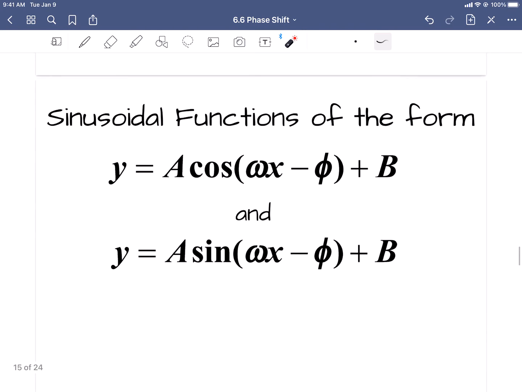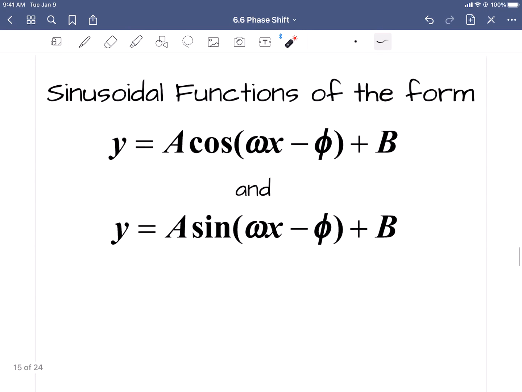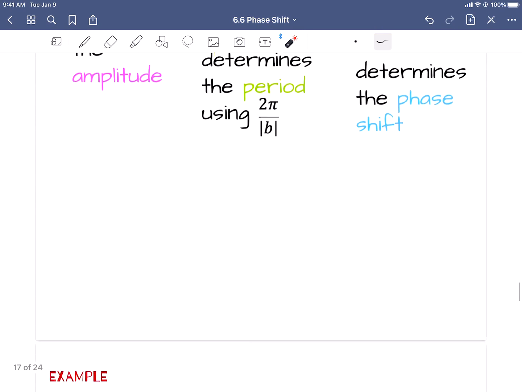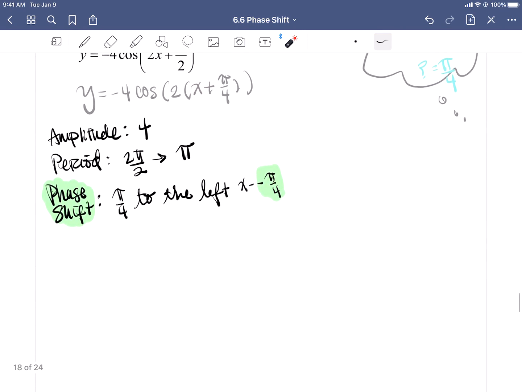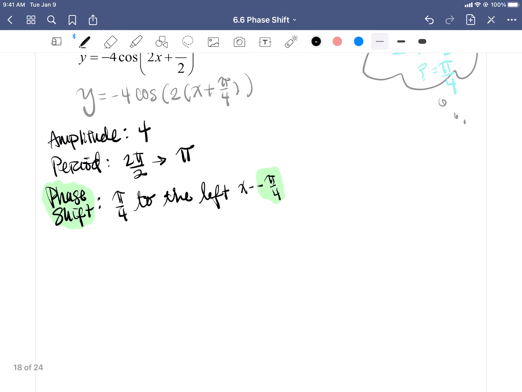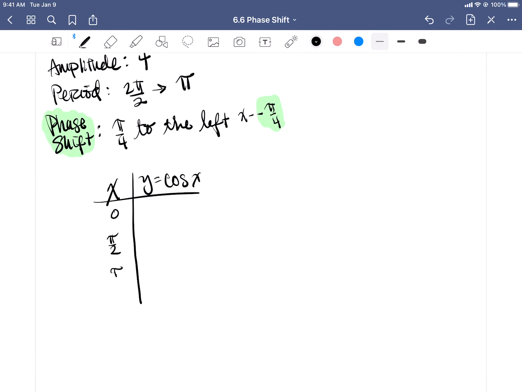And even in this ugly form, have the omega factored out. So graphing it, give yourself a parent function and make sure you get the right guy in there. This is cosine. So 0 to 2 pi, all the quadrantals.